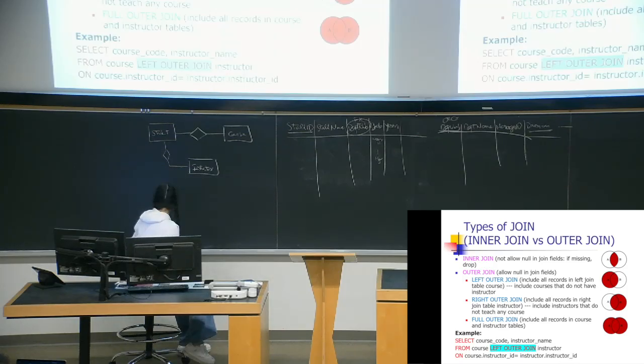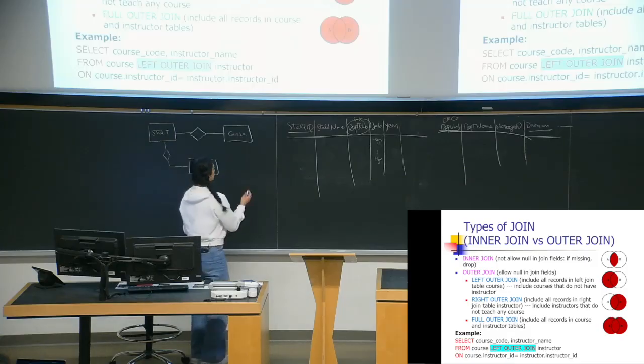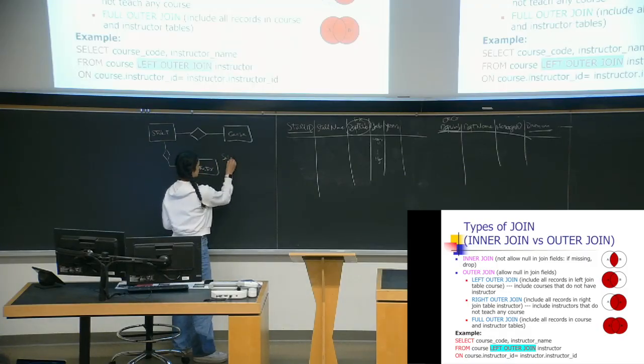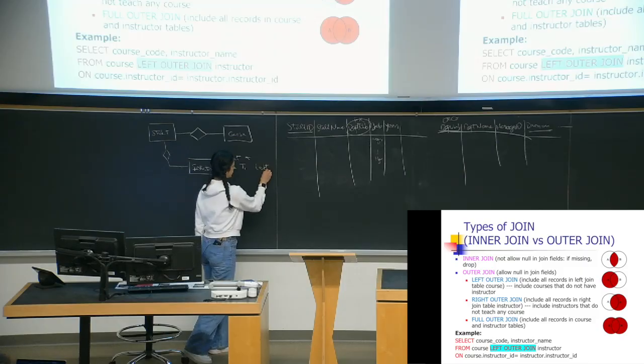So if you write, for example, select whatever, star from table 1, left join or left outer join table 2.